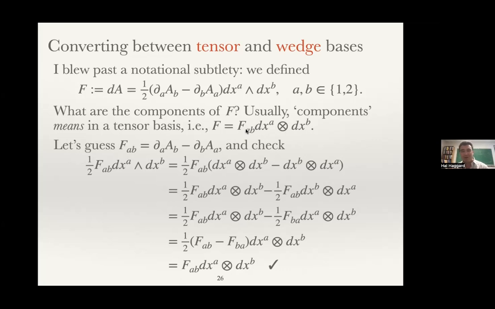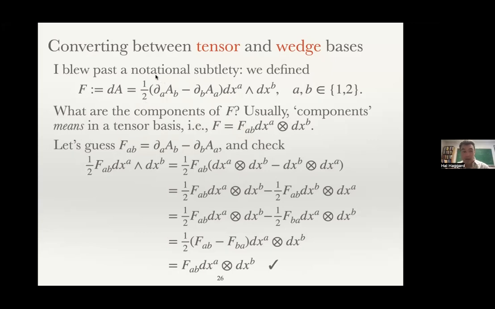You might be bothered by that logic, but it's a little simpler to do the calculation this way. Once you understand the calculation, you can turn it around, run it backwards, and it gives the same result without any guessing. But here's my guess: I'm going to guess that these components are this thing in parentheses without the 1/2. And let's see why that's correct.